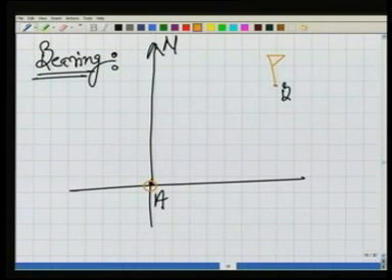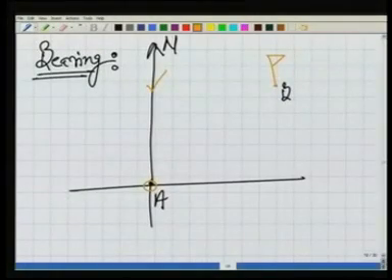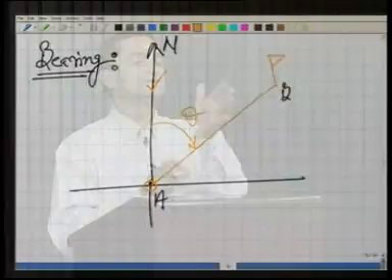I'm standing at A, somewhere there is a ranging rod, and I now want to measure the bearing of this ranging rod with respect to the magnetic meridian. So what is the meaning of that? The bearing means this angle theta. So we are using this reference.